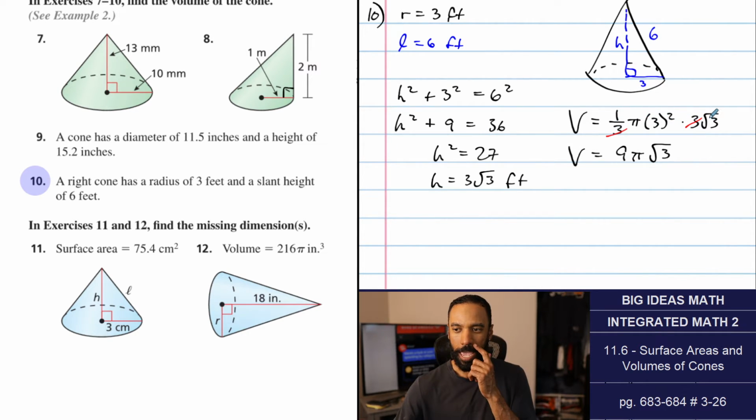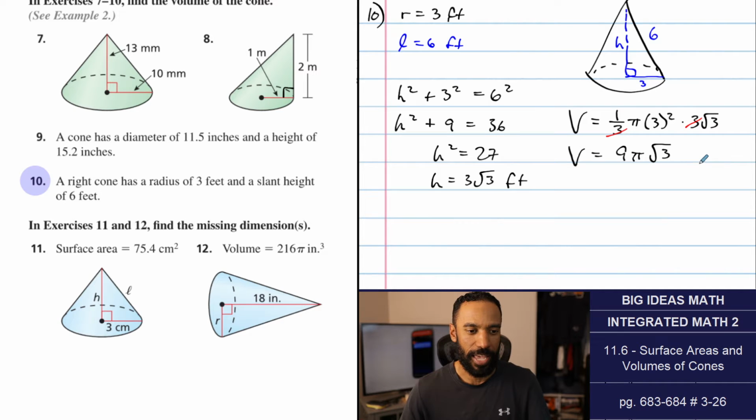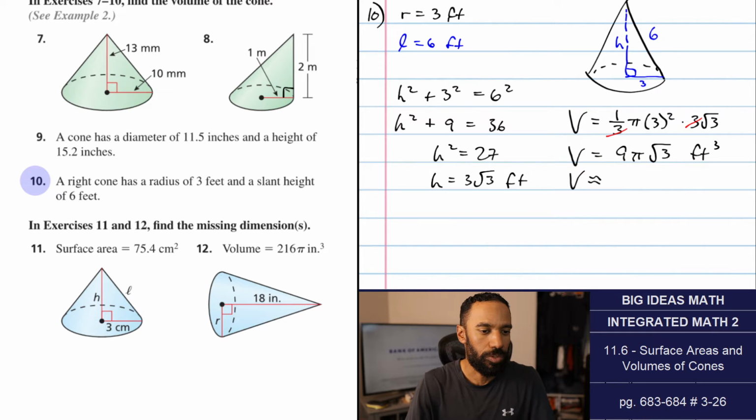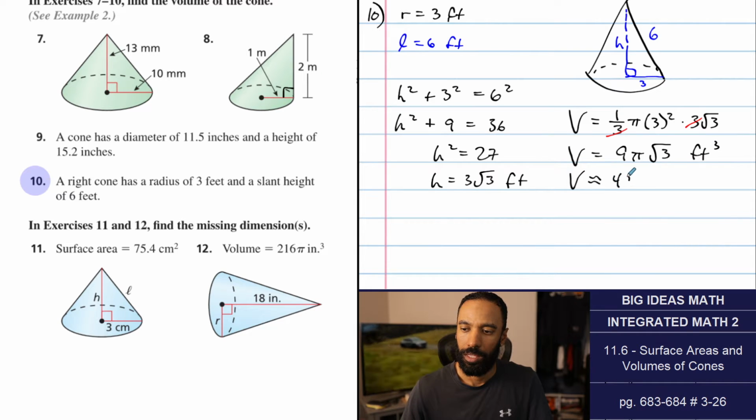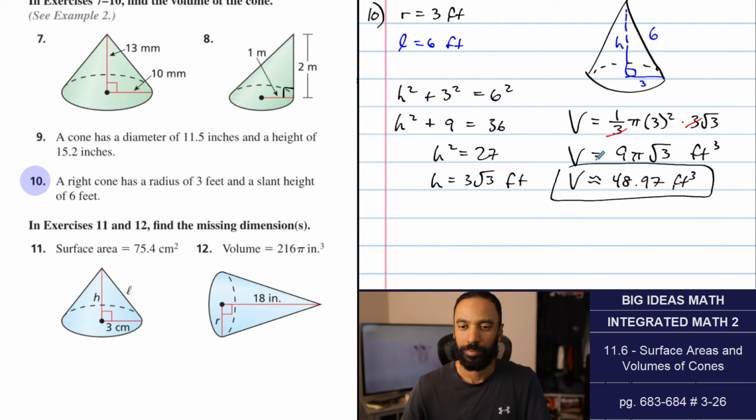So 9 pi root 3. That's an exact answer, in cubic feet. 9 pi times the square root of 3 is about 48.97, very close to 49 cubic feet.